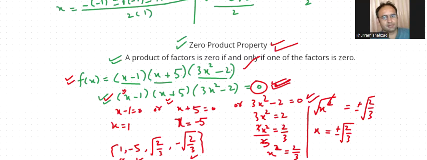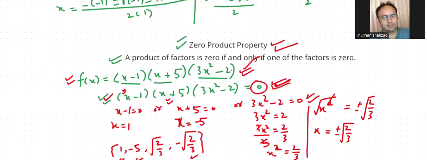And of course, this method has a few limitations. What are the limitations of using this method to solve any equation or to find the zeros? The limitation is that we should have the function in the factored form. This function is also in the factored form.